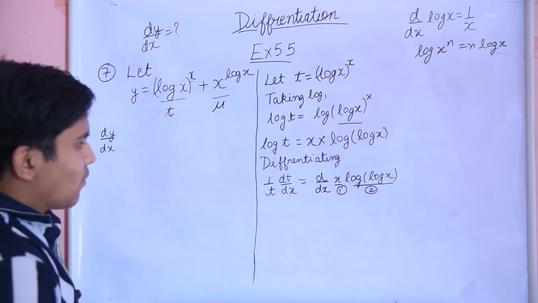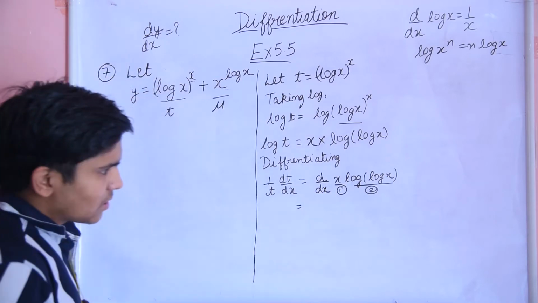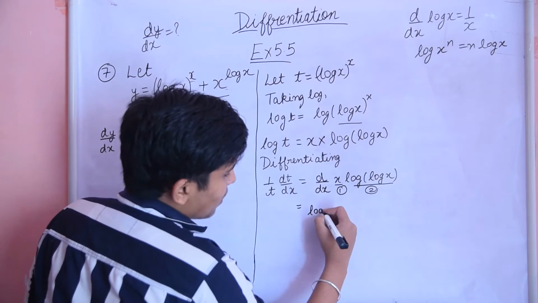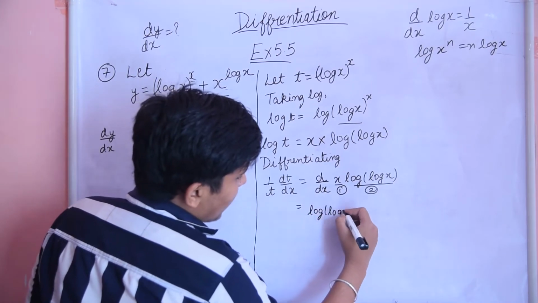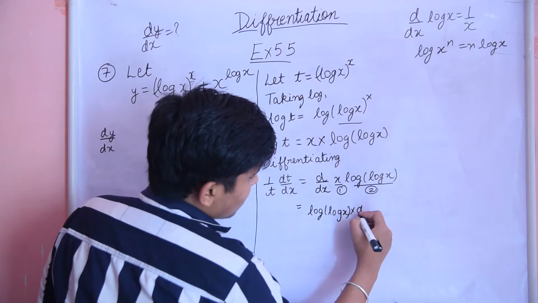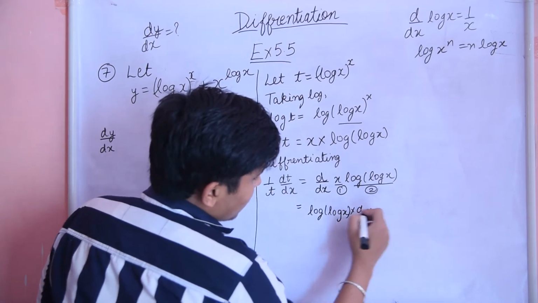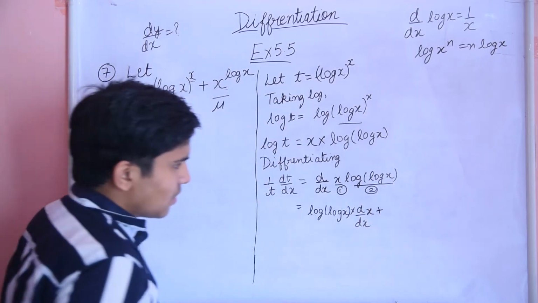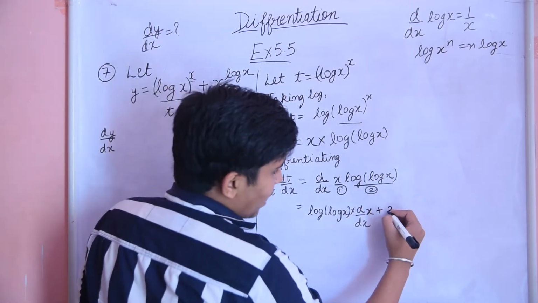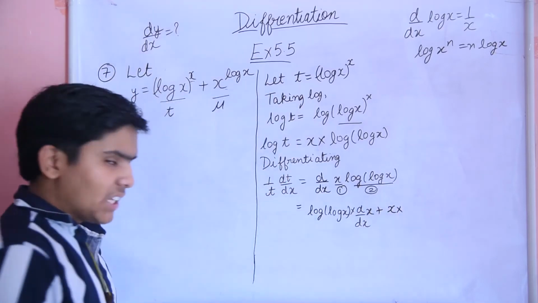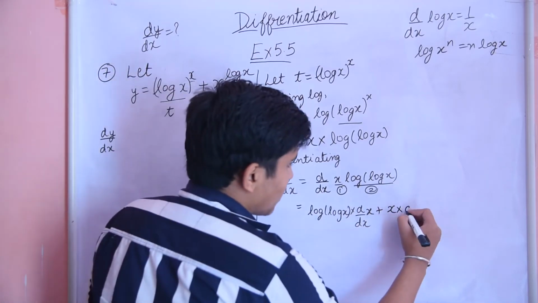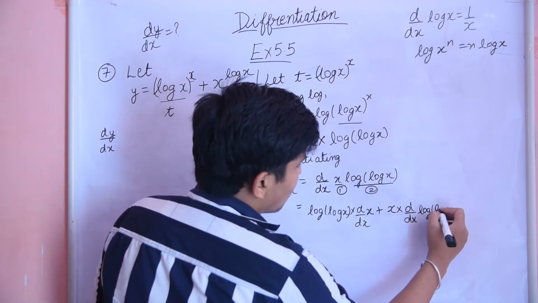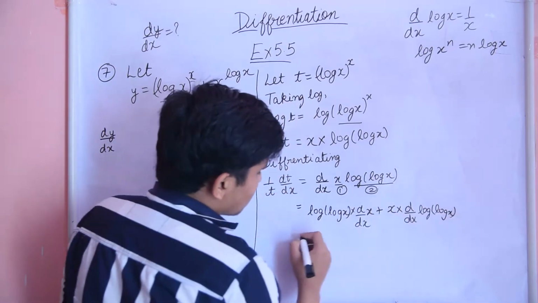According to the product rule, we have the second function, log(log x), into the differentiation of the first function, d/dx of x, plus the first function, x, into the differentiation of the second function, which is log(log x).